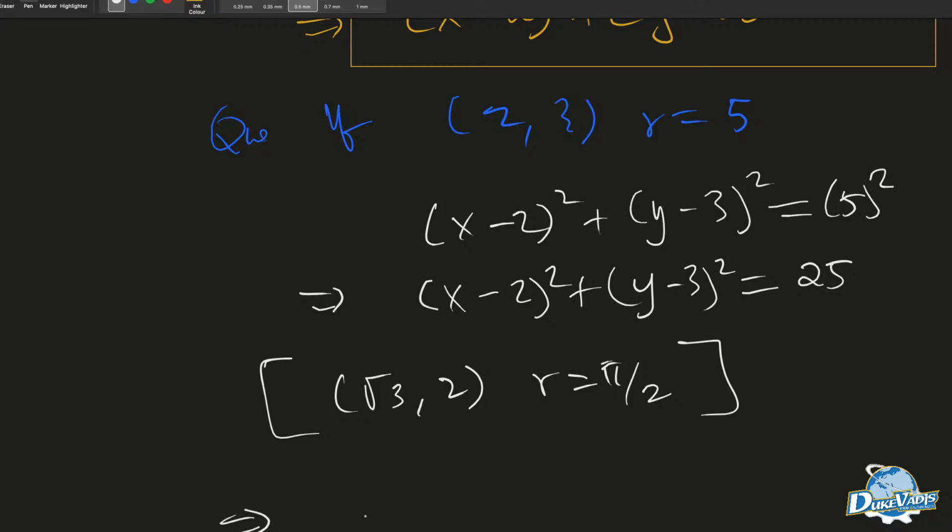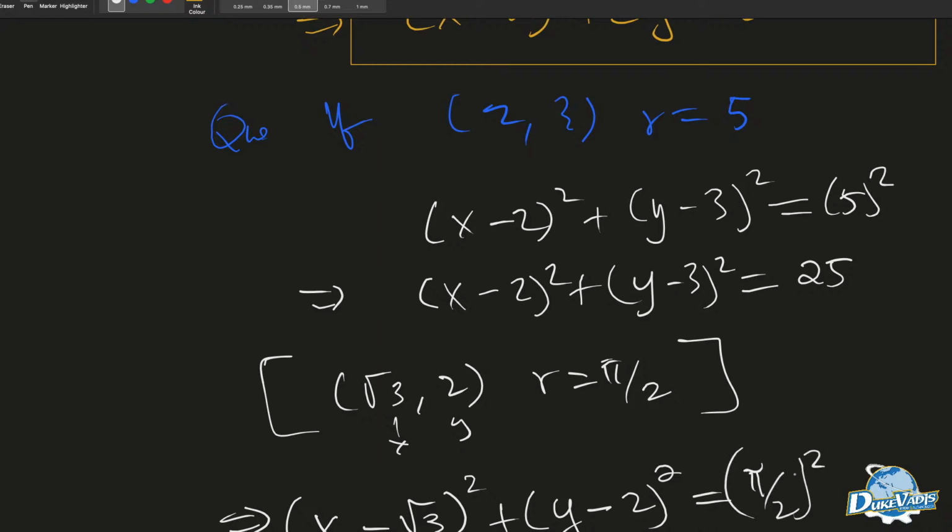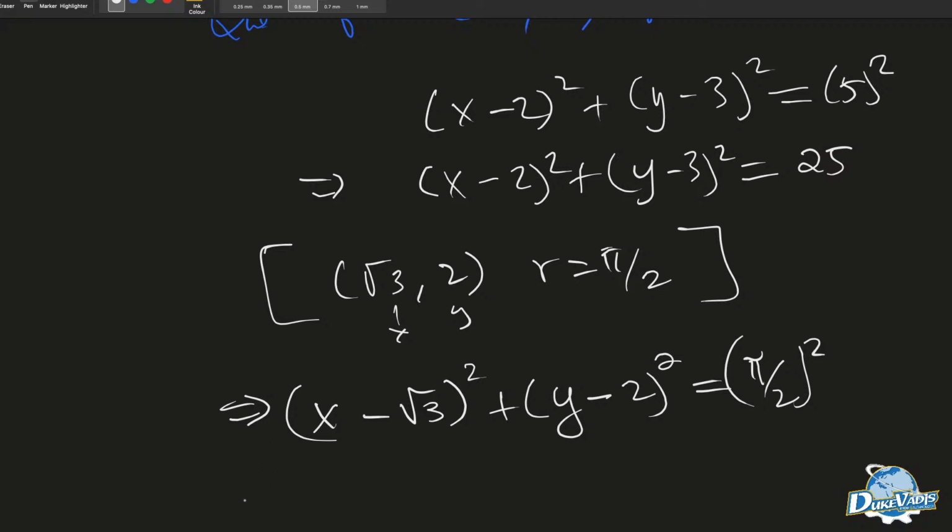So therefore we can say that since this is x and this is y, we say x minus square root of 3 squared plus y minus 2 squared is equal to pi on 2 squared, and this will be the equation of the circle.